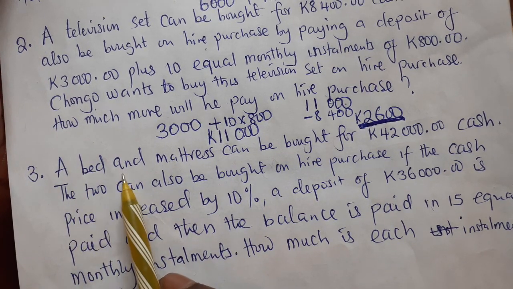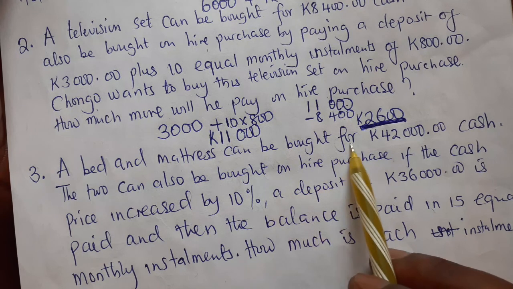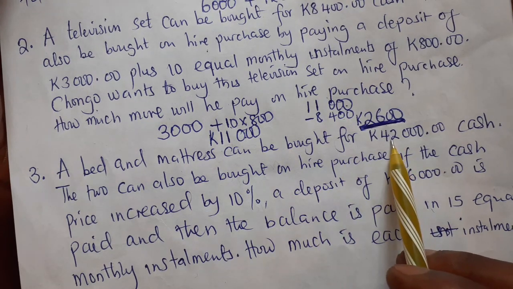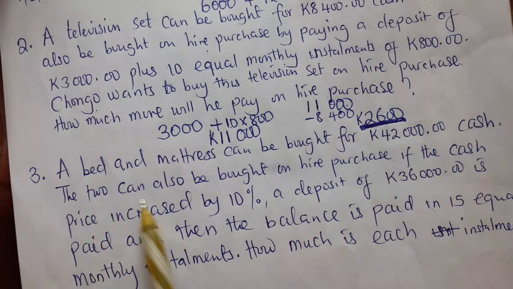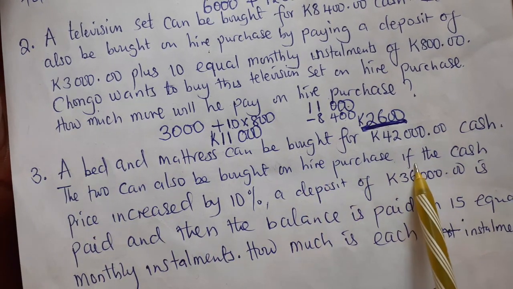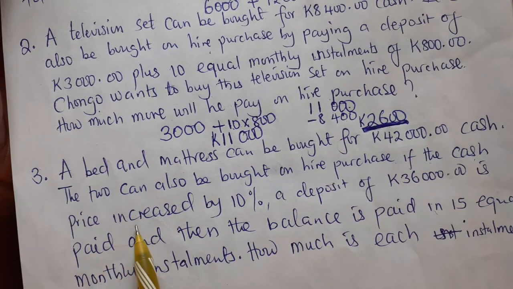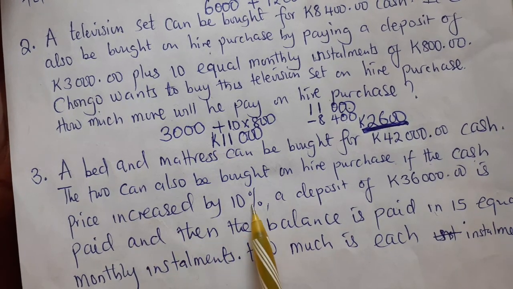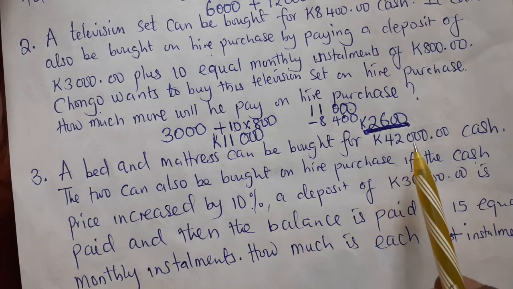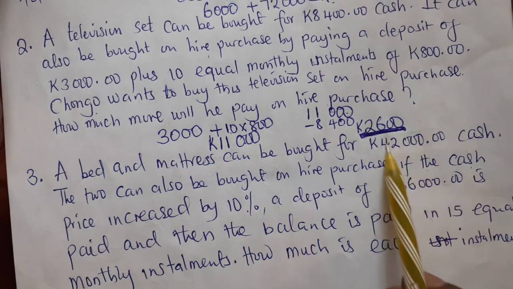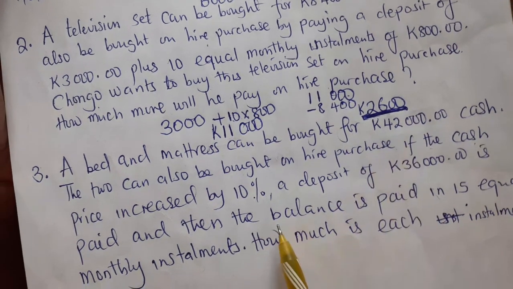A bed and mattress can be bought for 42,000 cash. The two can also be bought on hire purchase if the cash price increased by 10%. Okay? This has to increase by 10%.